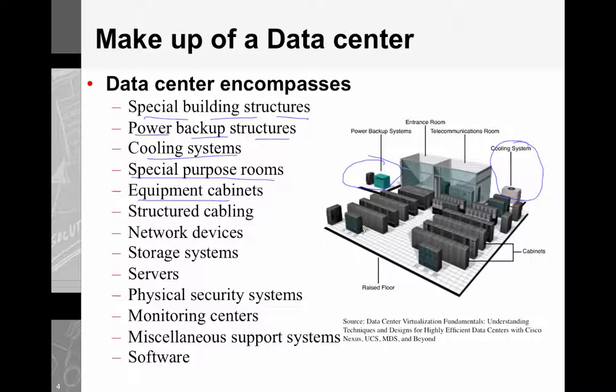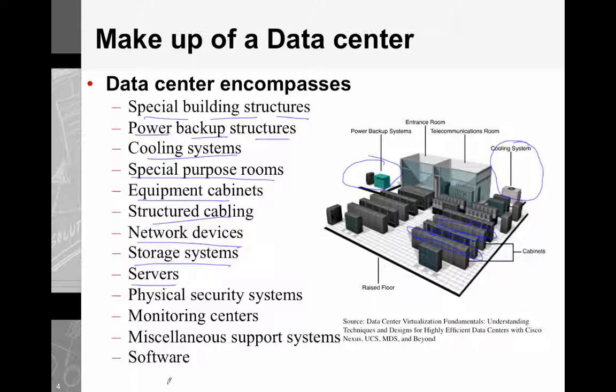There are equipment cabinets. As you can see, there are these cabinets. That's where the servers will be placed. There is structured cabling going on behind so that all these different servers are connected. There are network devices like routers and switches. There are also storage systems, which are your storage servers for your data disk systems. And then there are also servers, which are your actual physical servers.